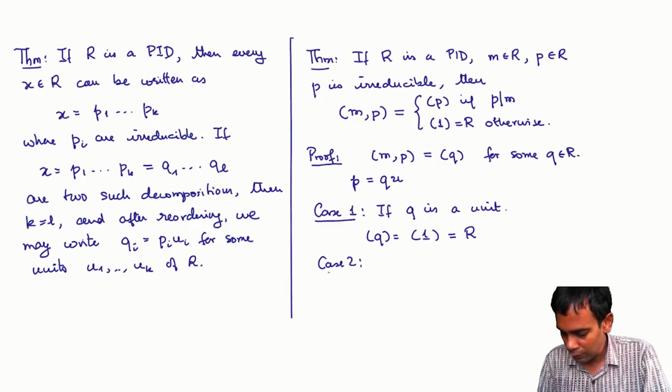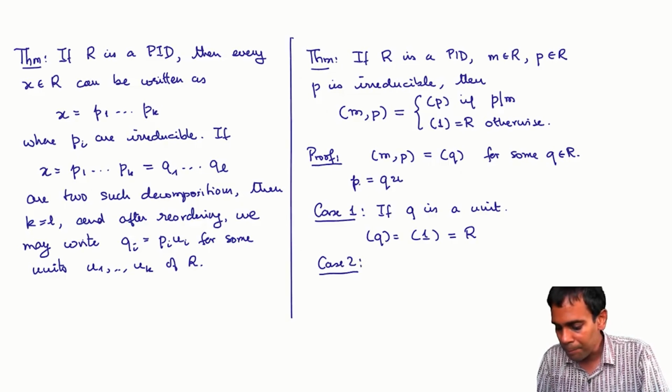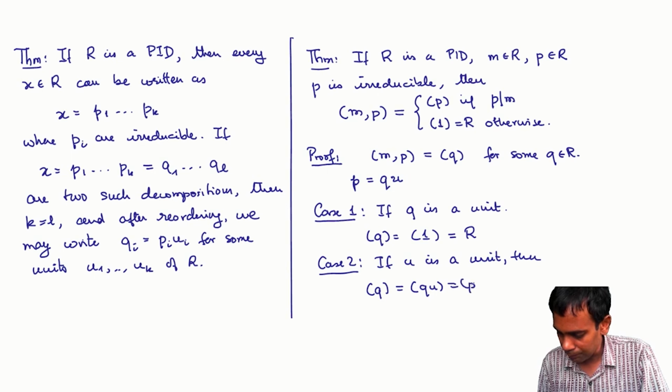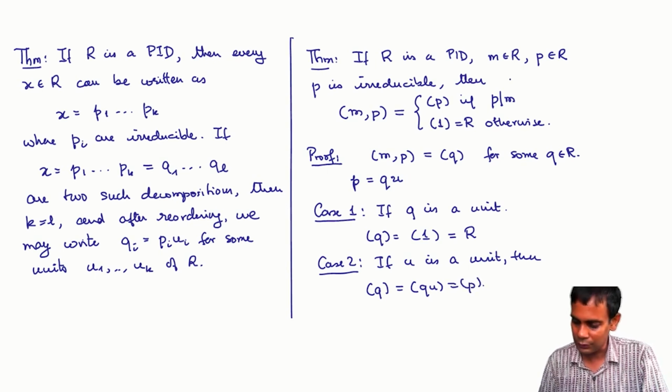Case 2: remember that p is q times u and p is irreducible. So if q is not a unit, then u must be a unit. Then we know that q is qu, which is p up to a unit, and so we are in the first case.